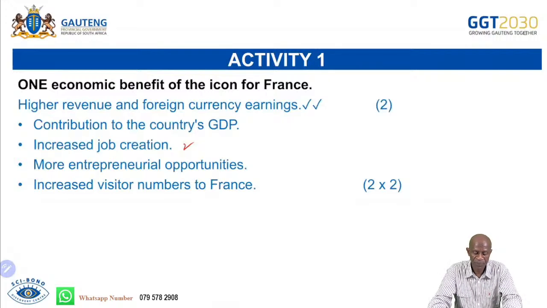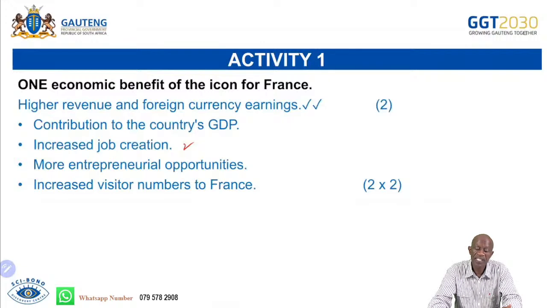It also created more entrepreneurial opportunities. So most businesses mushroomed around the Eiffel Tower because of its existence. So you'd have a restaurant around, you'd have clothing shops, you'd have all kinds of businesses operating within the proximity of the Eiffel Tower.